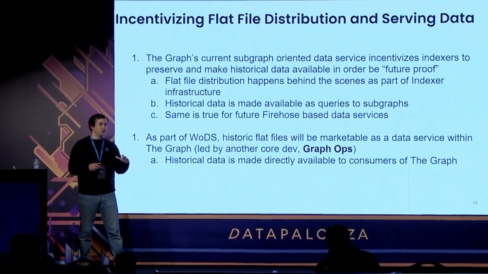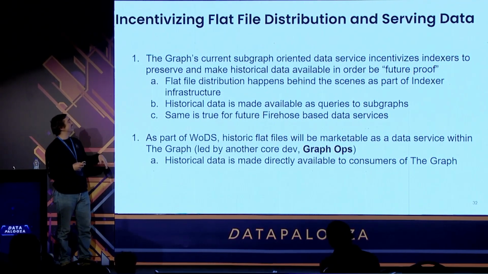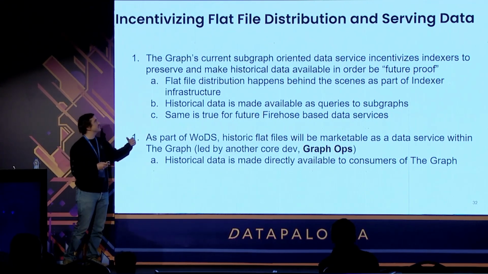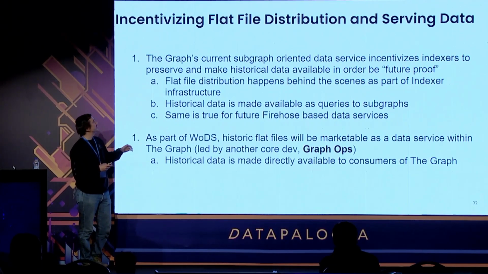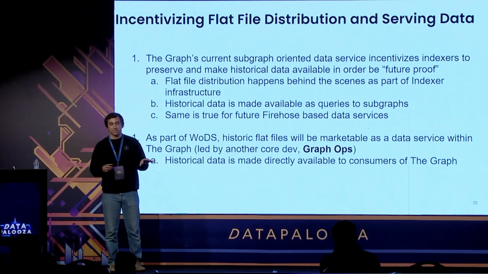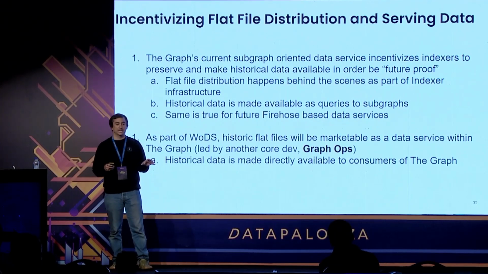And so I have two arguments here for why The Graph naturally incentivizes this flat file distribution. The first argument is that The Graph's current V1 subgraph-oriented data service itself incentivizes indexers to preserve and make this historical data available.